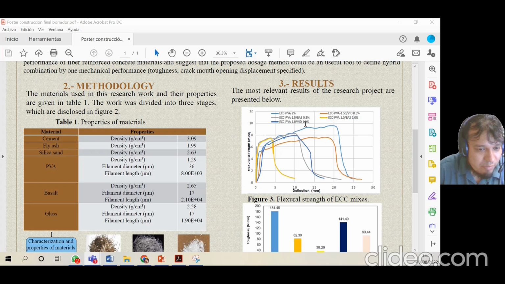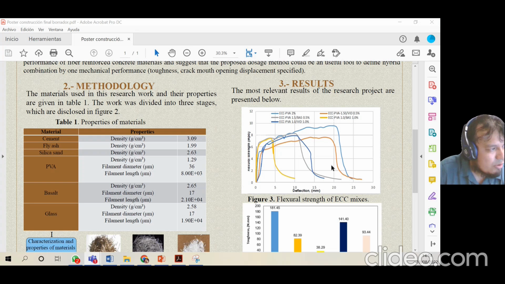The better performance was obtained for the series that only contained one type of fiber, in this case polyvinyl alcohol, at an amount of 2%. As you can see, this hardening behavior was present in all the tests until the failure of the specimens at a deflection of approximately 25 millimeters.